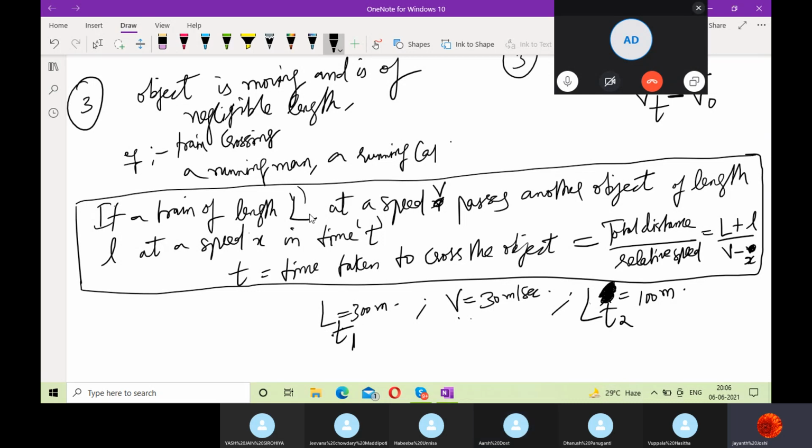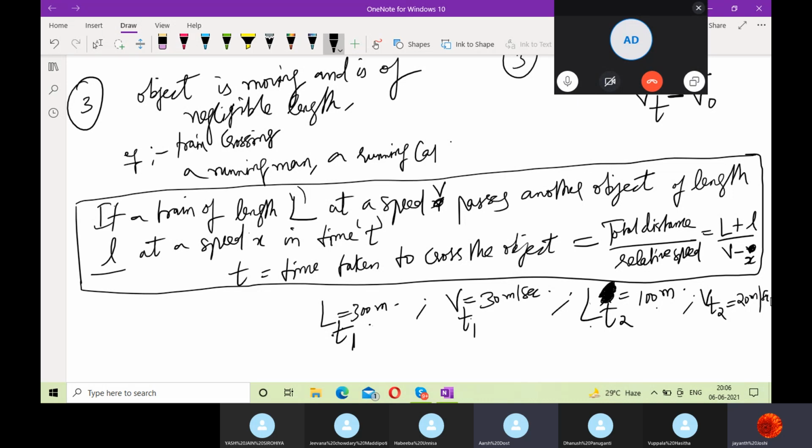If the train of length L, that is LT1, train 1, at a speed V, speed VT1, the speed of train 1, passes another object of length L. So here I am taking another object as train 2. So train 1 is passing through train 2 or crossing train 2. So length of the train 2 is LT2, that is 100 meters. And speed of the train T2, VT2 is equal to 20 meter per second.